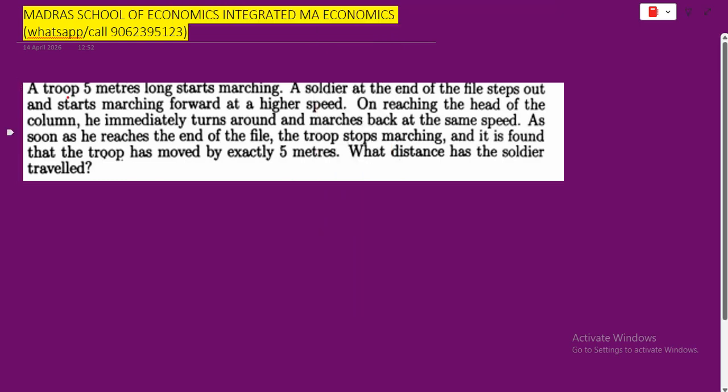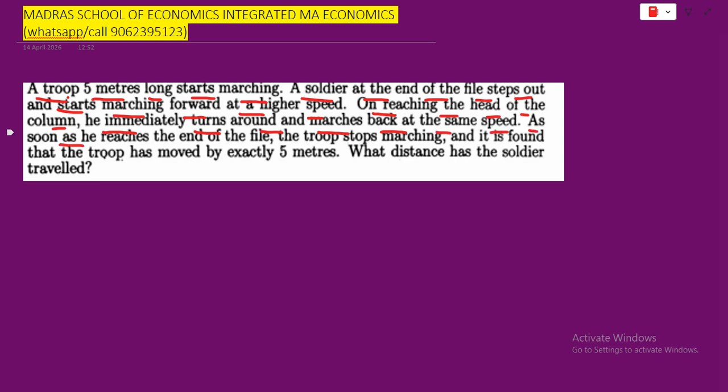So the question says, a troop 5 meters long starts marching. A soldier at the end of the file steps out and starts marching forward at a high speed. On reaching the head of the column, he immediately turns around and marches back at the same speed.